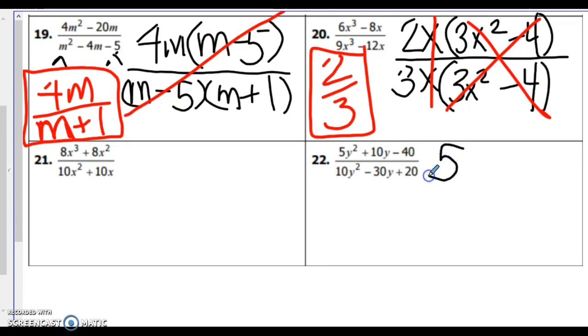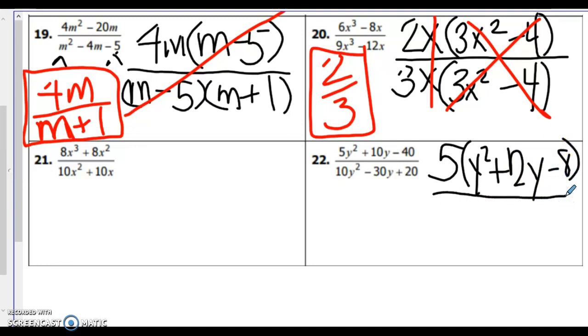So 5 times y squared plus 2y, I won't make that mistake I made in the last one, minus 8 over, is there something that comes out of all of these? Yeah, I can pull a 10 out. Y squared minus 3y plus 2.